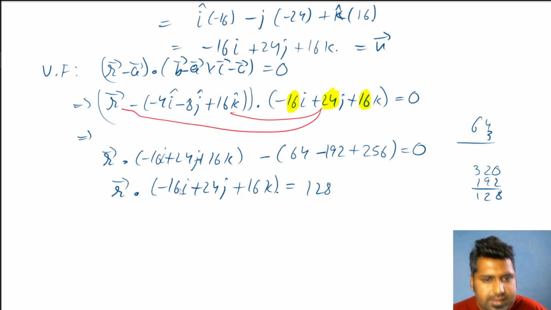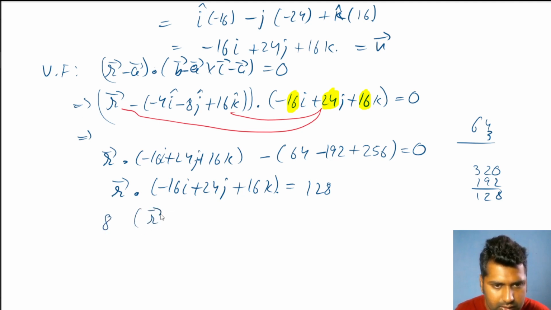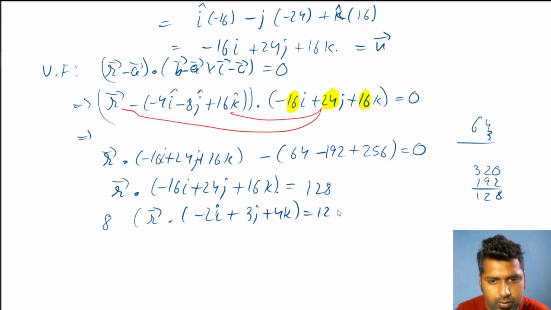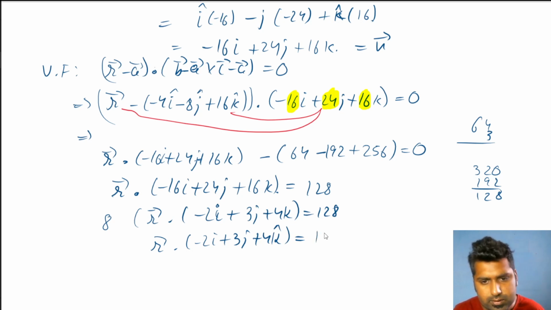Because still you can take common, 16 24 16, and effectively it cancels this 128. So I'll do that. If I take 8 common out of it, r dot minus 2i plus 3j plus 4k is 128. So that's r dot 2i minus plus 3j plus 4k is equal to, this is 16.